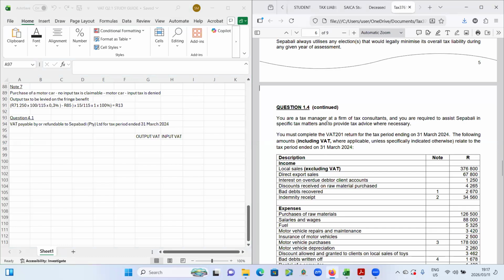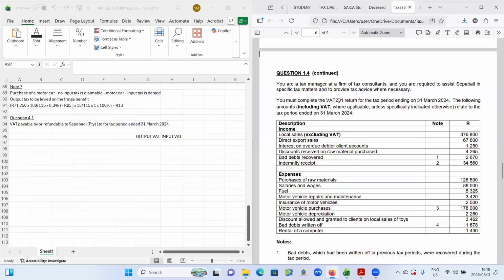You are a tax manager at a firm of tax accountants and consultants, and you are required to assist clients in specific tax matters and to provide tax advice when necessary. You must complete the VAT 201 return for the tax period ending on 31 March 2024. The following amounts include VAT, where applicable, unless specifically indicated otherwise.